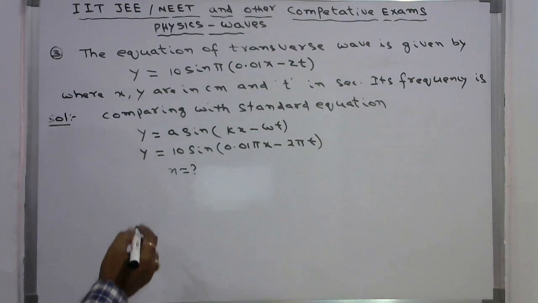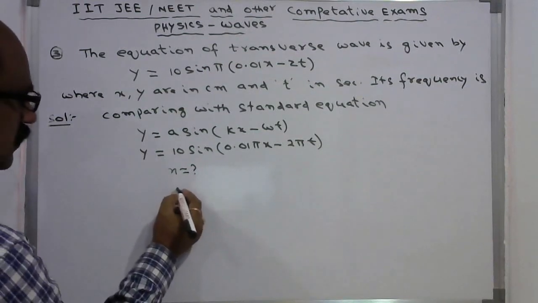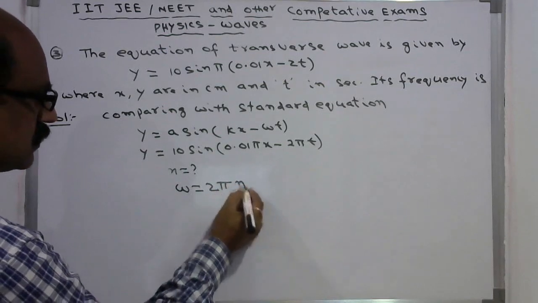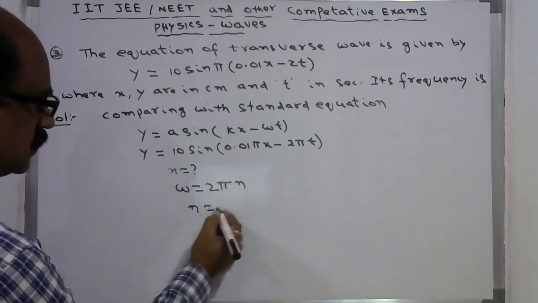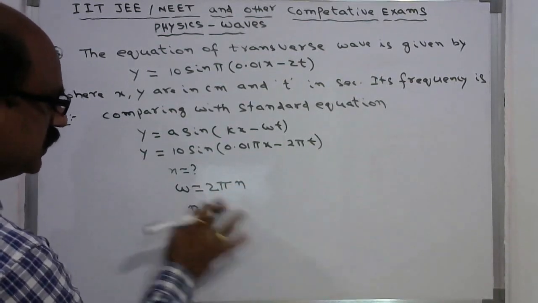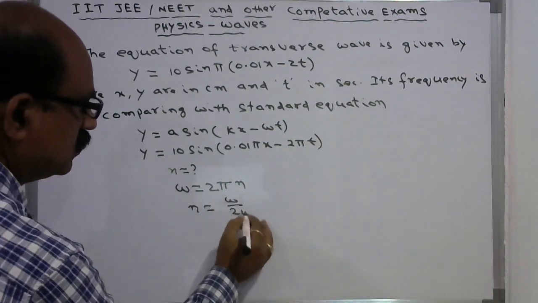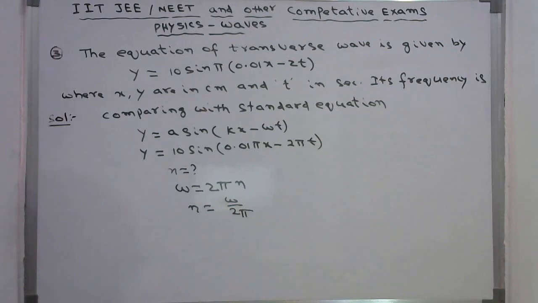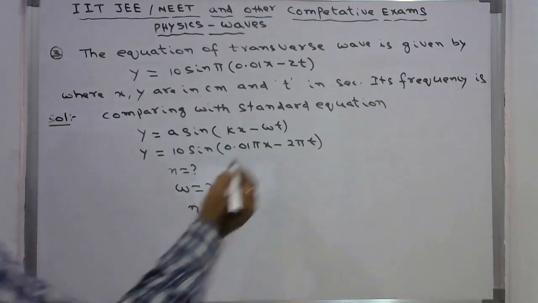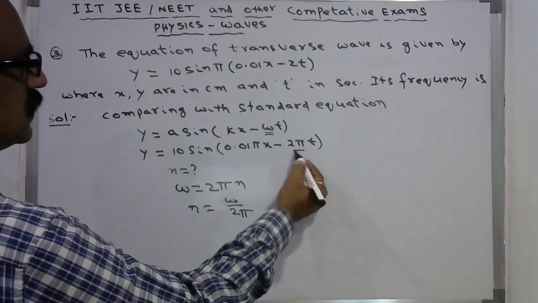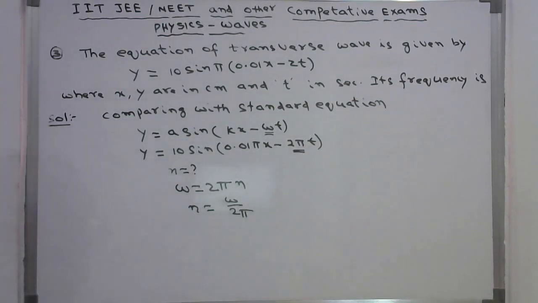So to find the frequency, we should know omega is equal to 2 pi n, where n is equal to omega by 2 pi. This is the formula. But what is omega here? Omega is the coefficient of t. So the coefficient of t is omega, that is equal to 2 pi.